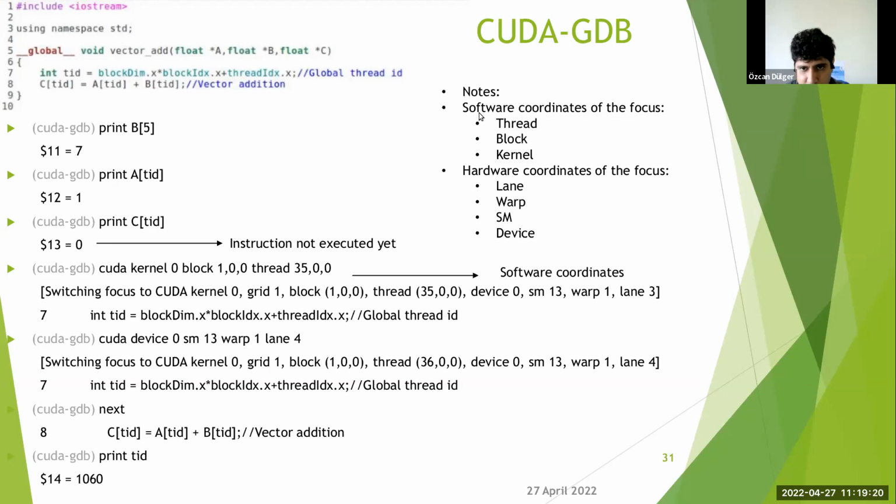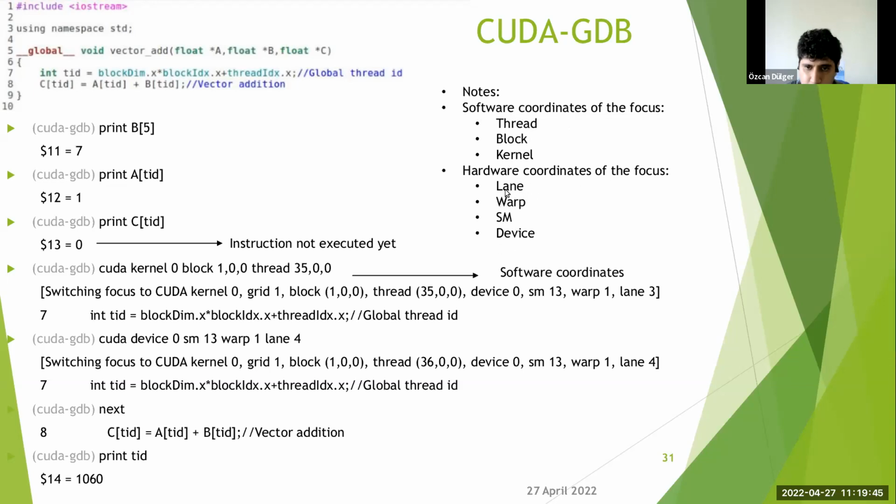The first one is software coordinates of the focus. These are thread, block, and kernel. These are software concepts in CUDA. And the hardware coordinates of the focus are lane, warp, streaming multiprocessor, and device. And these are hardware concepts.